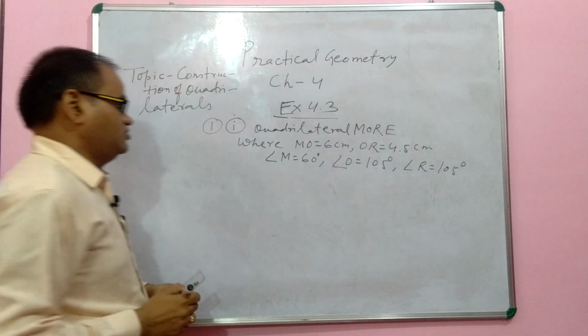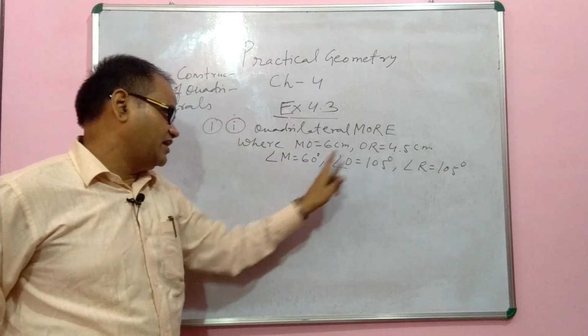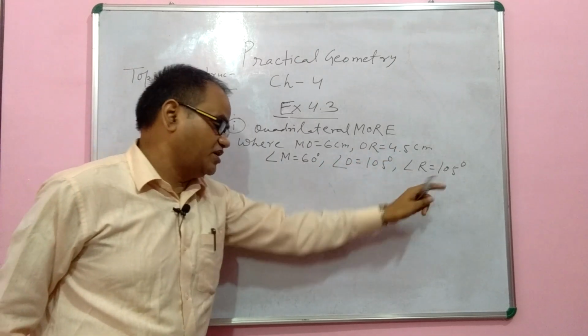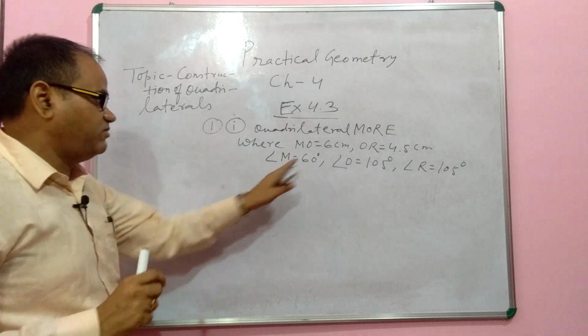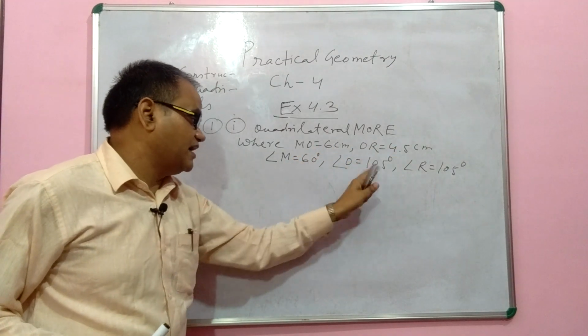Two sides given and three angles given. Then how will you construct quadrilateral with the help of two sides and three angles?